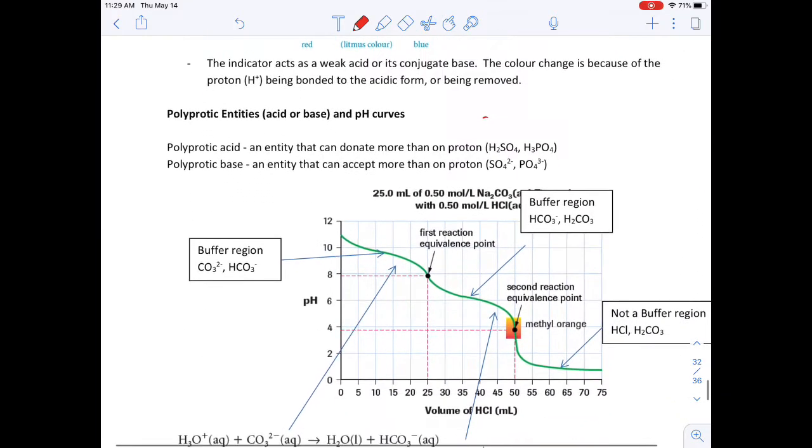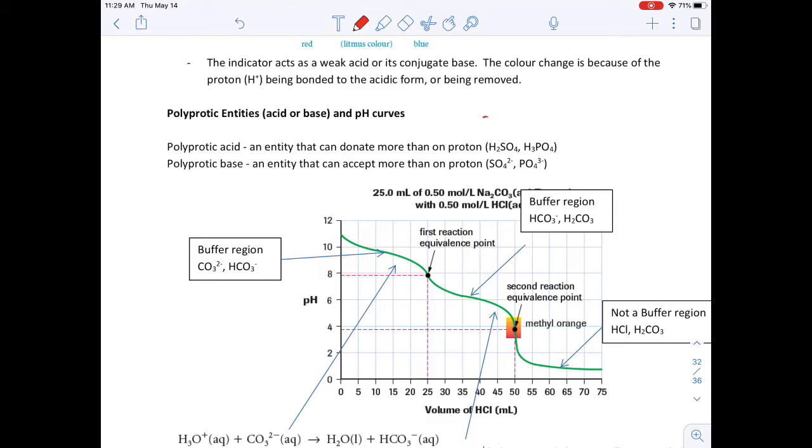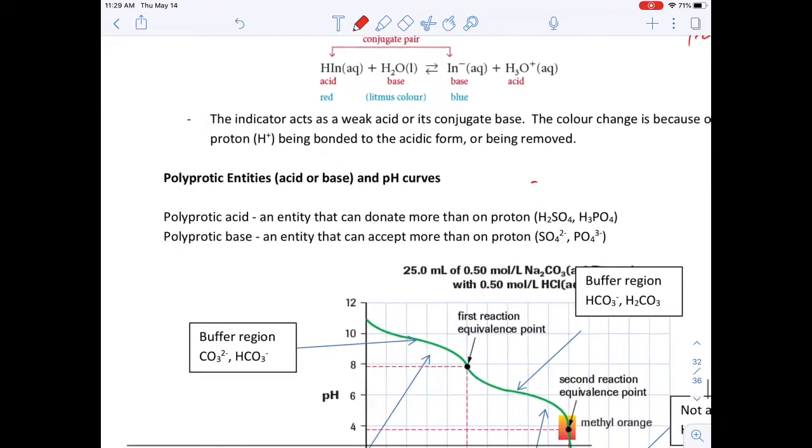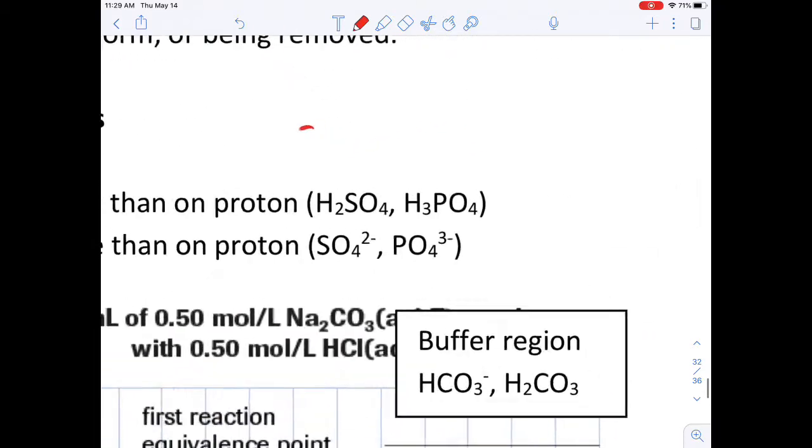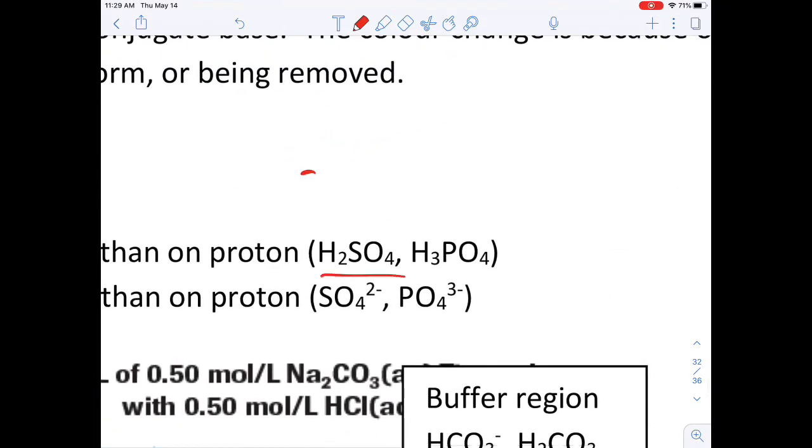Now, polyprotic entities are a little bit tricky to explain. Polyprotic acids, like sulfuric acid or phosphoric acid, or carbonic acid. So carbonic acid is H2CO3.